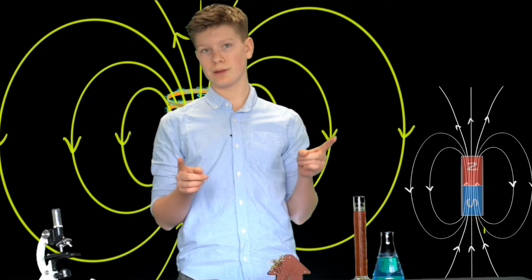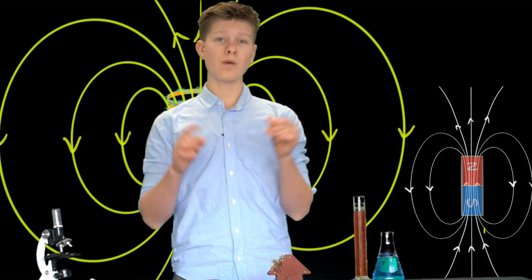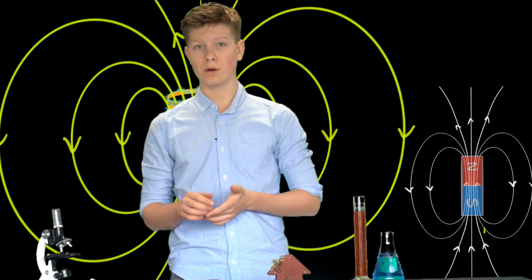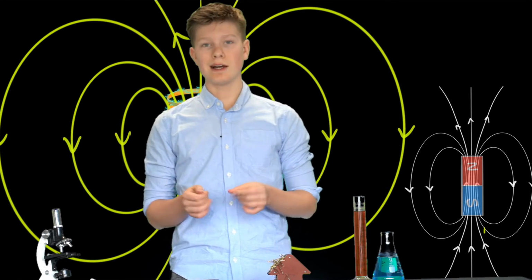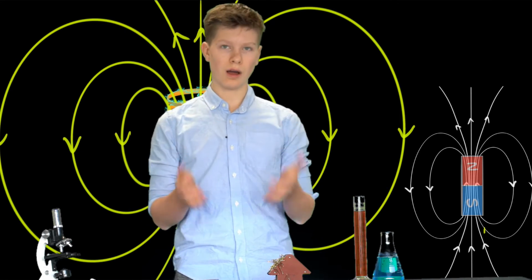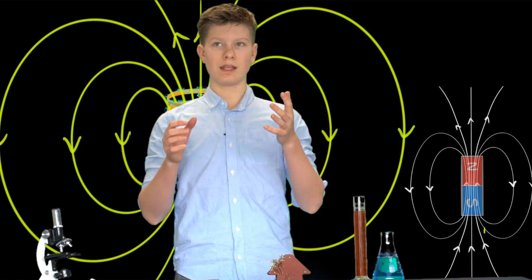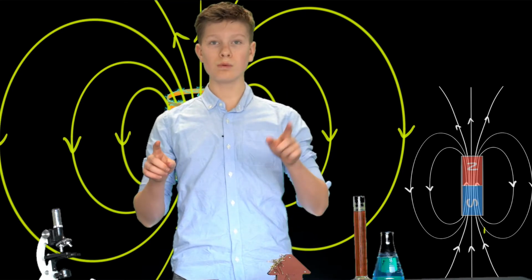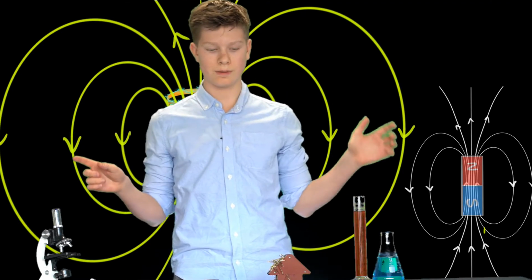But first, I have to tell you a little about atoms. Atoms, as you probably know, have electrons in them. In a standard object, the electrons all spin equally in different directions.